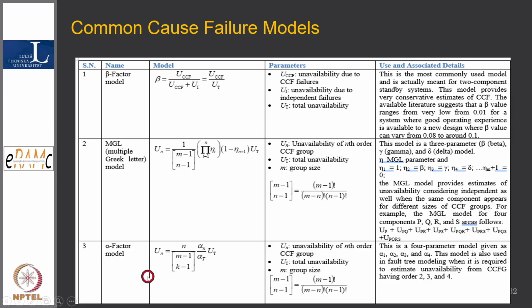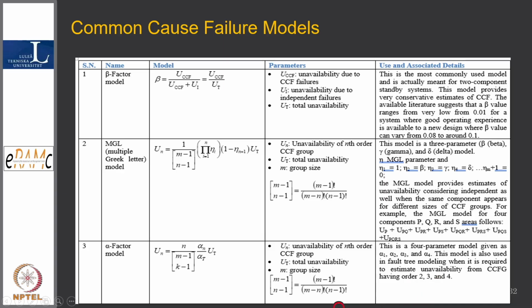Then there is the alpha factor model. In fact, after the beta factor model, the alpha factor model is what is used. This is a four-parameter model, giving alpha 1, alpha 2, alpha 3, alpha 4, showing the importance of the various alphas. This model is also used in fault tree modeling when it is required to estimate availability from common cause failure groups having order 2, 3, 4.